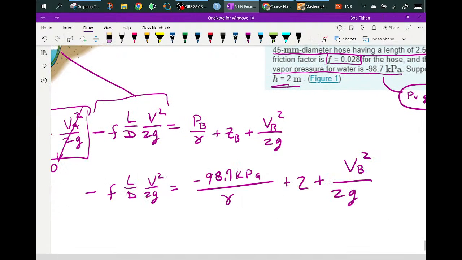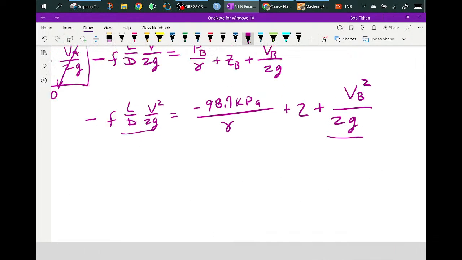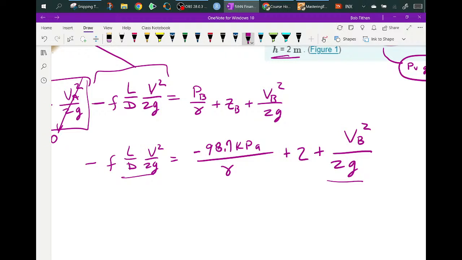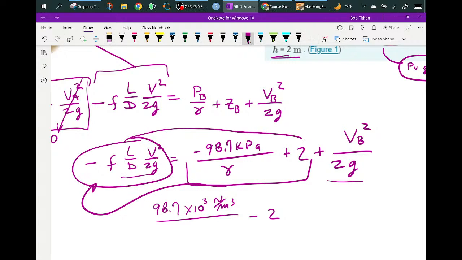And so what you end up with is putting this term and this term together, maybe putting them this way, 98.7 times 10 to the third newtons per meter cubed. Let's just make sure this is supposed to be a minus, because what I'm doing is taking this term and moving it to this side, and gamma, 9810.